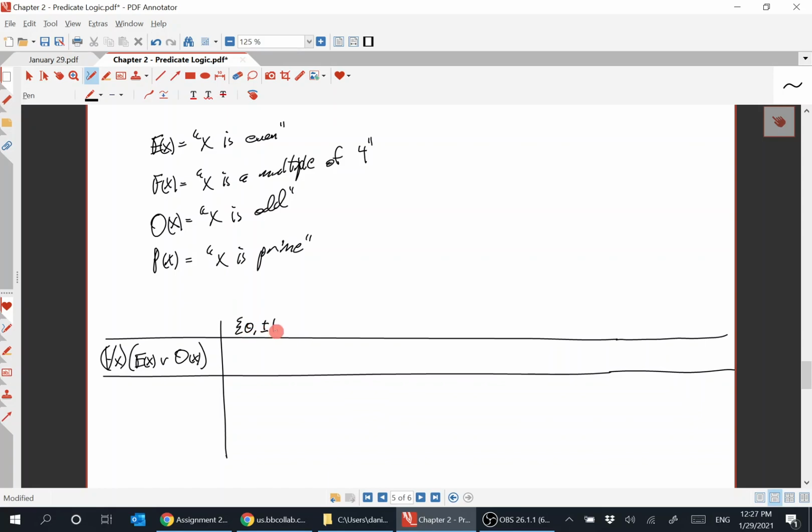So that's 0, plus or minus 1, plus or minus 2, plus or minus 3, and so on and so forth. And let's look at the set of negative integers that are even: minus 6, minus 4, minus 2, 0, and then positive integers that are odd. And then maybe we'll look at just the positive integers.